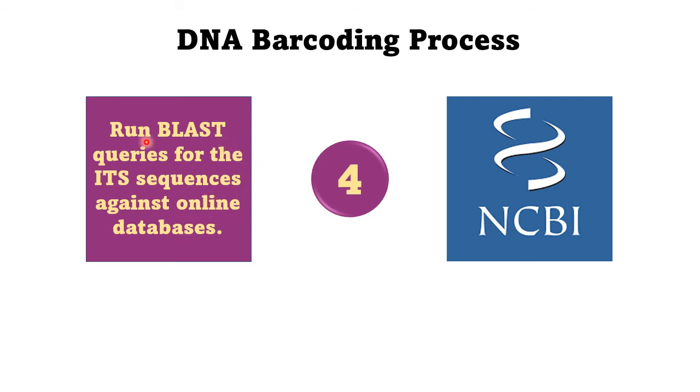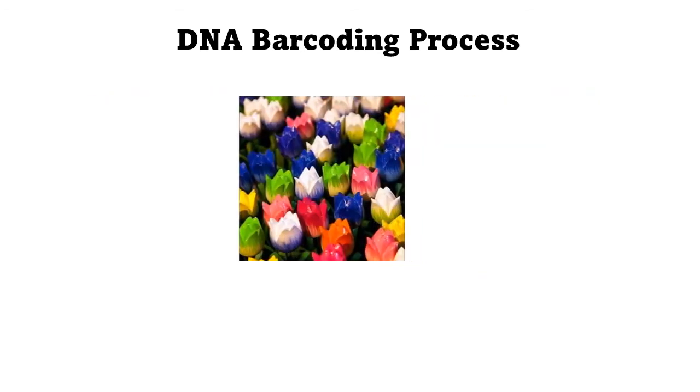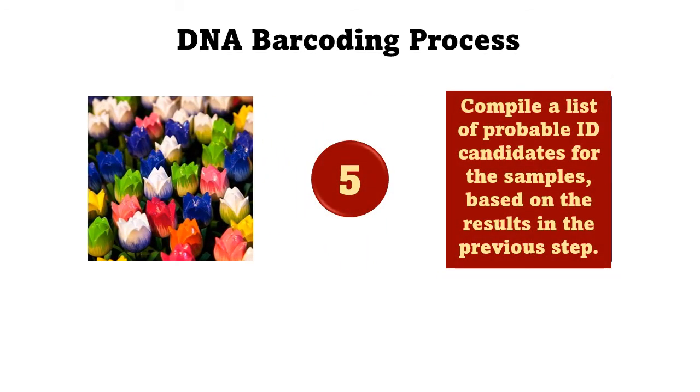So a BLAST query is an online service provided by NCBI, and once we get the BLAST query results, we will get probable results which are comparable for the plant of our choice, and we have to compile a list of probable identifiable candidates for the sample based on the results.